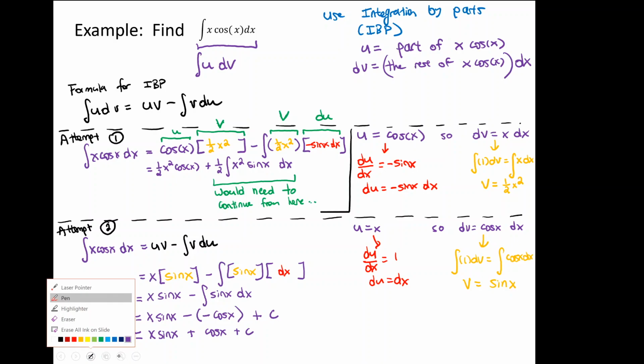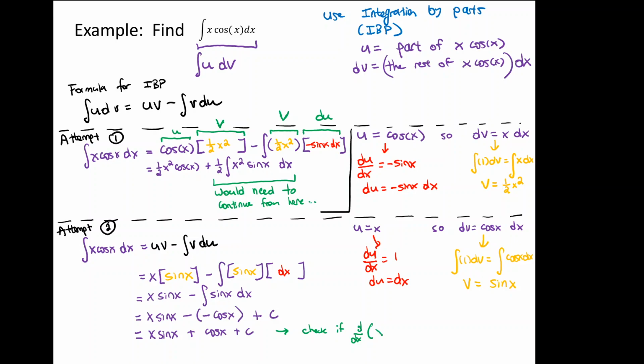And as with all antiderivative problems, these are like custom built for you to check your answer. Check if d by dx of x times the sine of x plus the cosine of x plus c, if you take the derivative of all that stuff, if we did everything right, the answer will be x times the cosine of x. Go through a product rule.